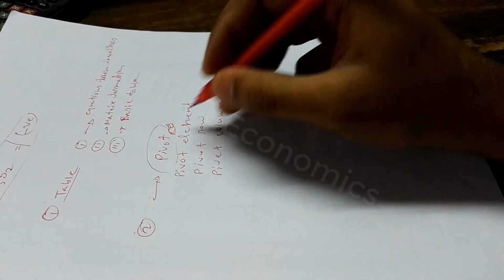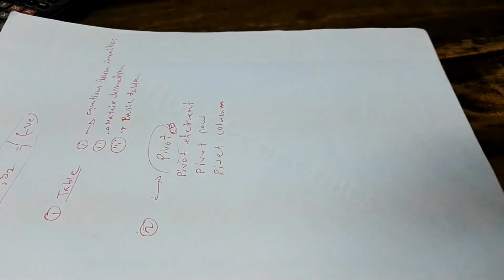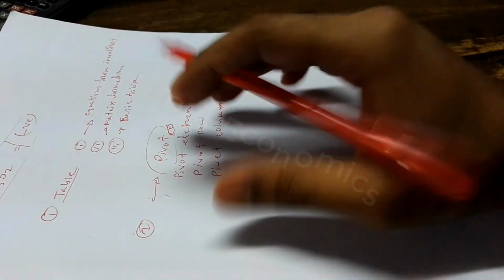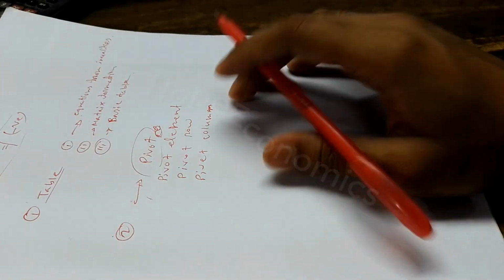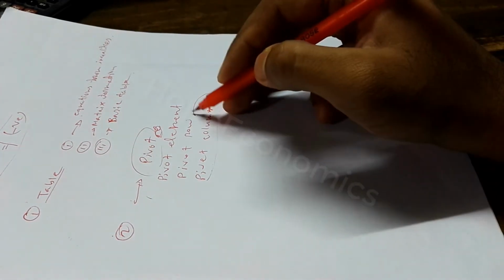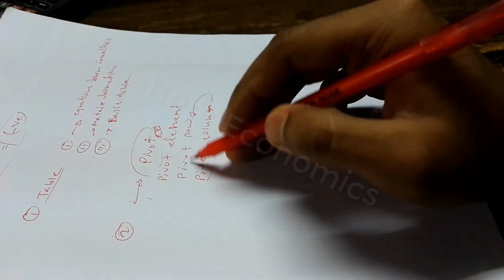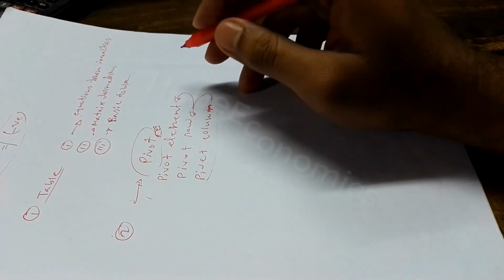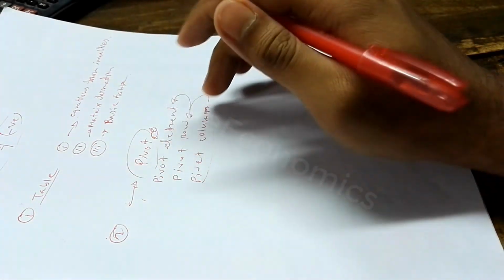Previously we have to find out the pivot column, then we have to find out the pivot row. The intersection of the pivot column and pivot row is considered the pivot element. So that is what pivoting is.